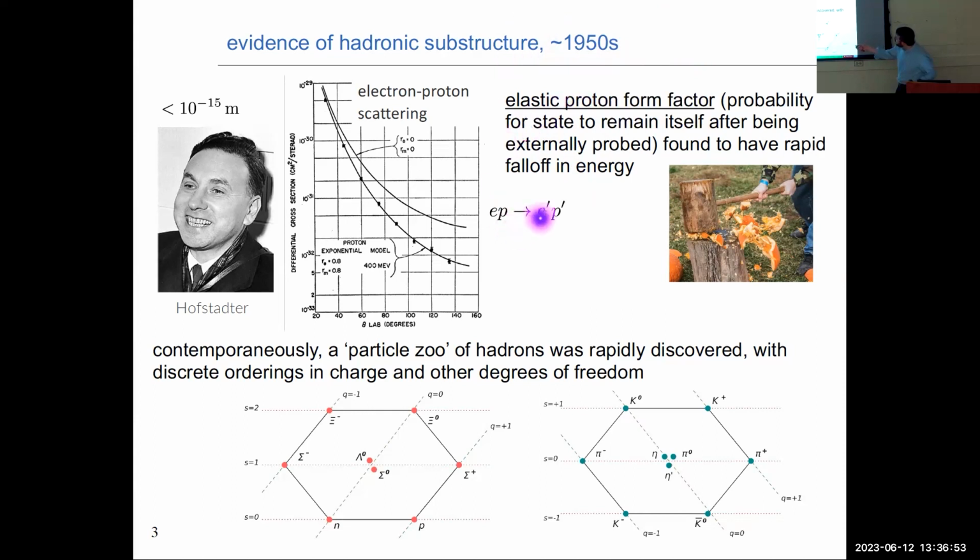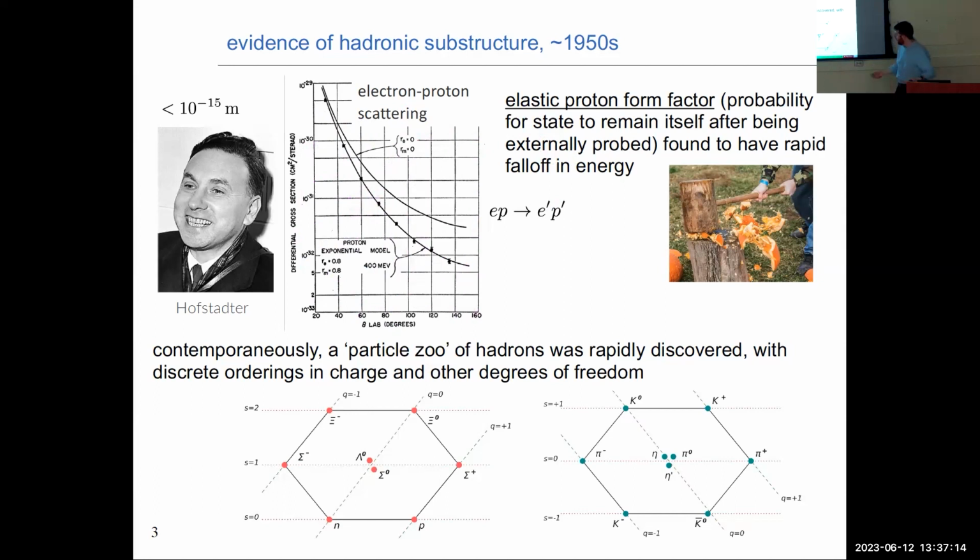The idea being that you perform an elastic measurement, maybe an electron scattering from a proton, where you then observe a recoiling electron and proton in the final state. And basically you measure the probability, that's what's encoded in the form factor, to find that final state proton, for it to essentially remain intact and not disintegrate.